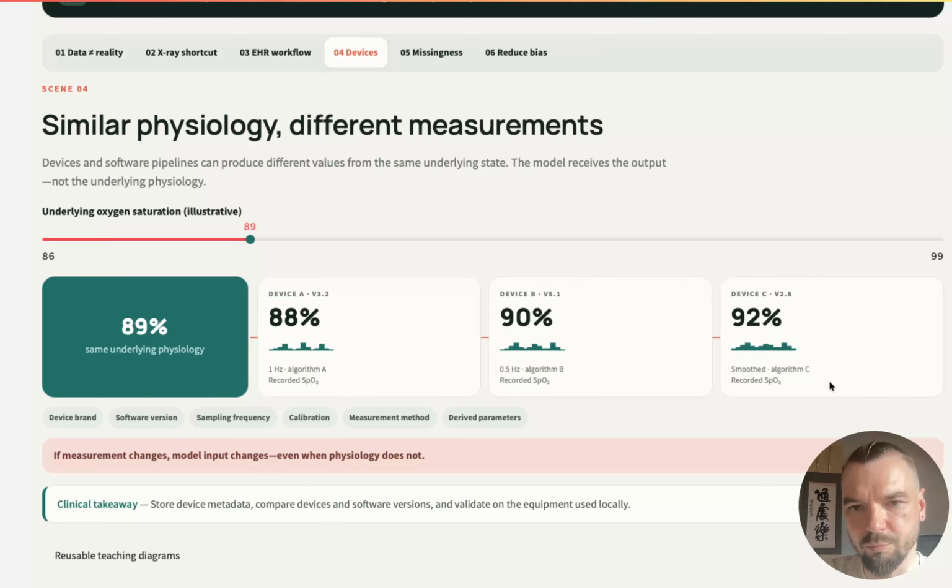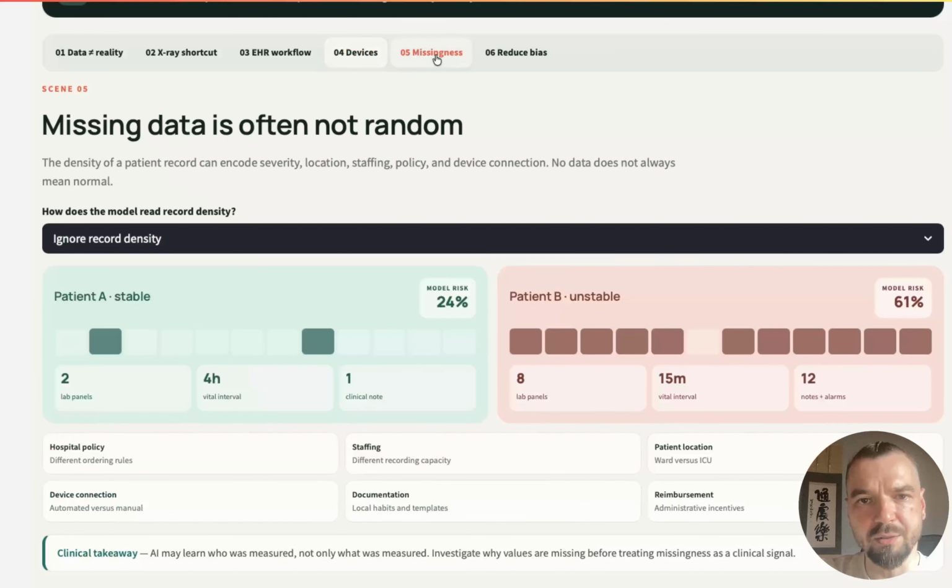Or, for example, we took into account the average value, and this is more accurate. So it was 90 and here it was 88. If the device changes, or another hospital uses another device, results may be a little bit different. So that's also one of the sources of bias.